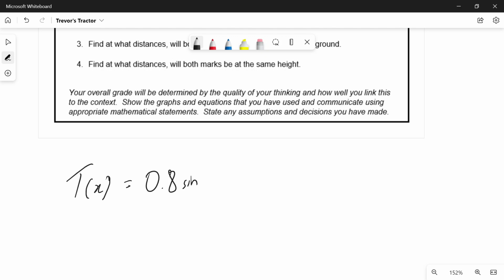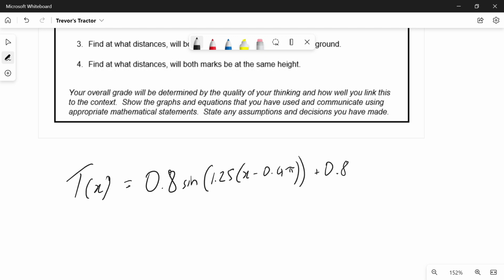For this one, I'm going to use sine. Brackets 1.25 x minus 0.4 pi plus 0.8, and we want to see when is this equal to 1.